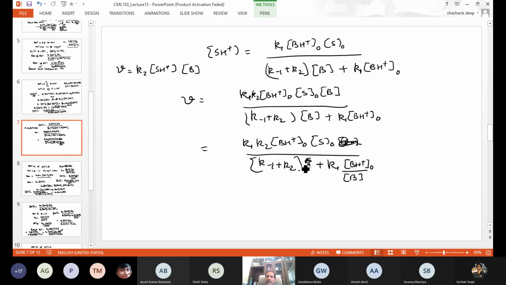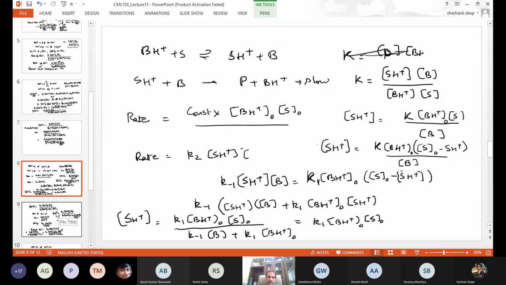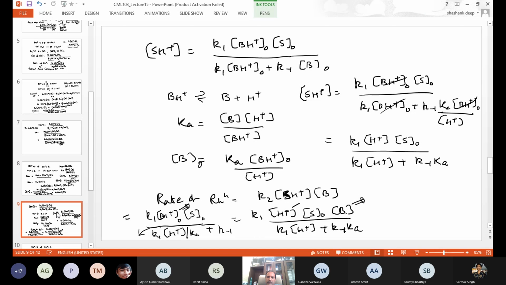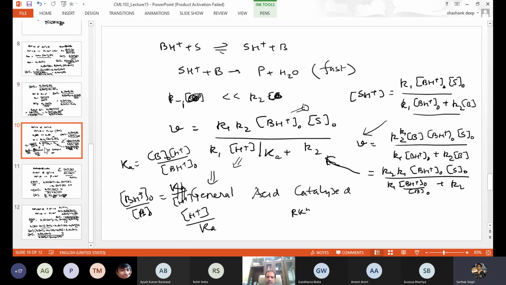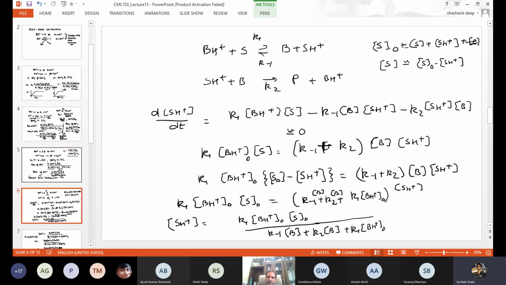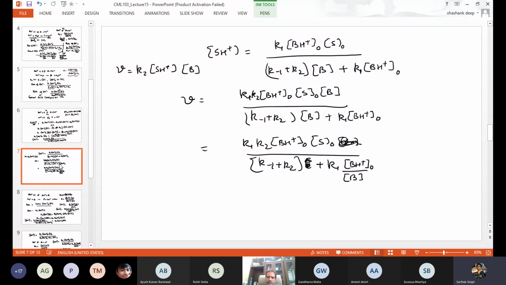In which your rate of reaction depends on both BH plus naught and H plus ion concentration. Is this okay? Yes, sir. So why is it only in the case when the reverse second reaction is negligible? What did you ask? You said that this would only be general acid catalyzed if the second reaction is negligible.